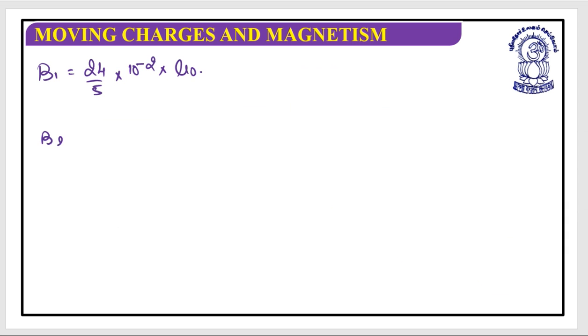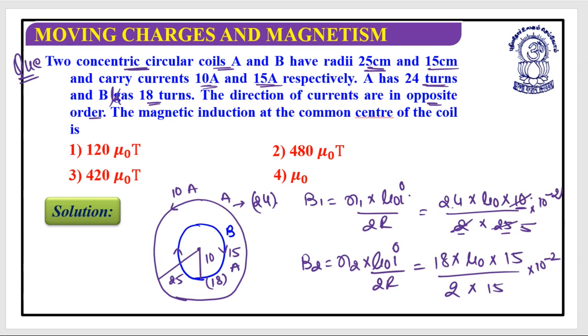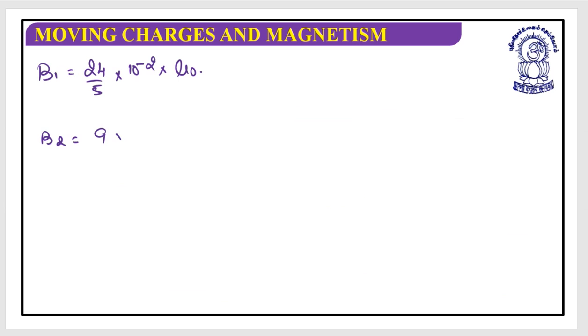This is B1. Now work out B2. This is 18, this is 15. Okay, great. This 15 can go, and 18 by 2 is equal to 9 mu naught. This is 9 multiplied by 10 to the power 2 into mu naught. I hope this is clear.